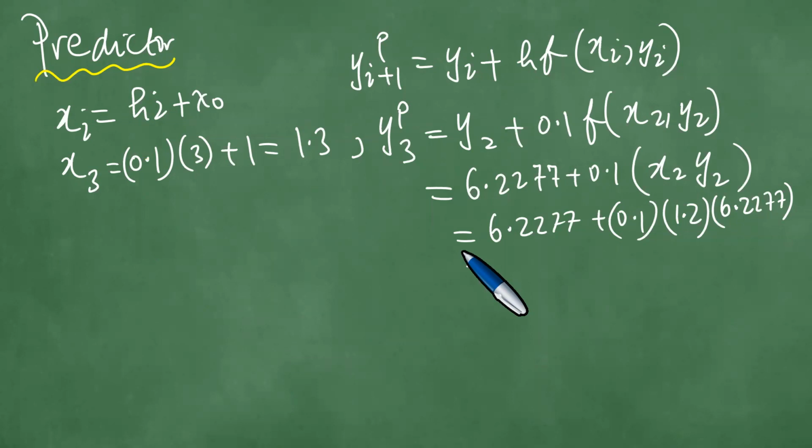There's something I'm just checking, please. Just a sec. 6.2277 plus 0.1 times 1.2 times 6.2277.